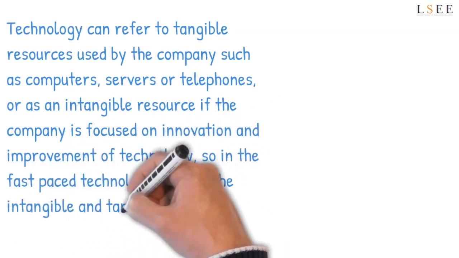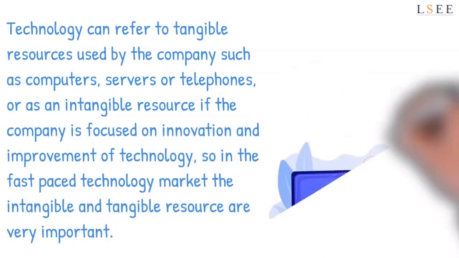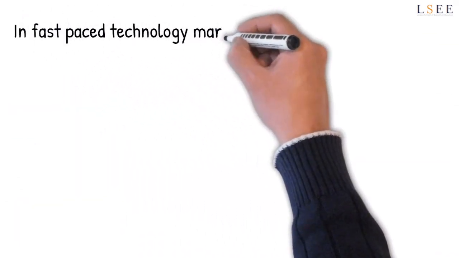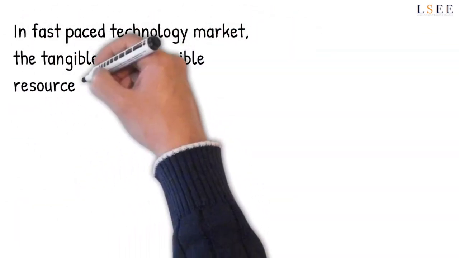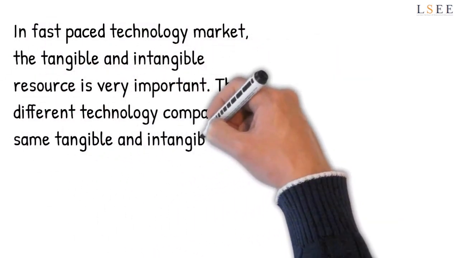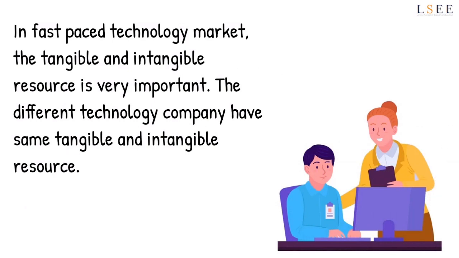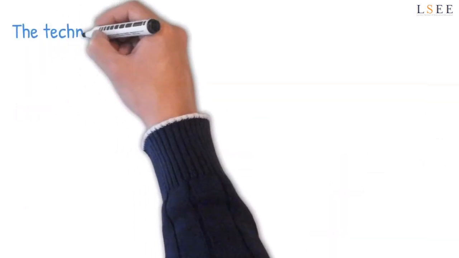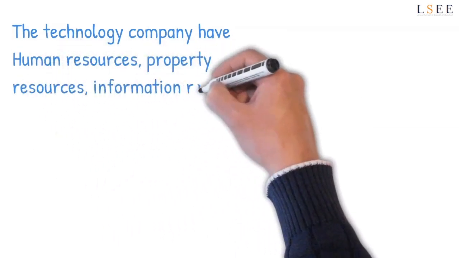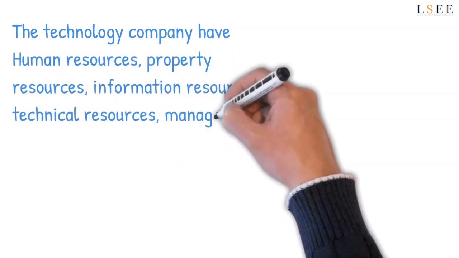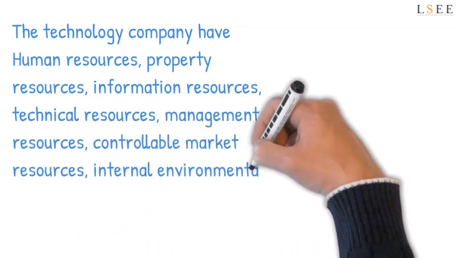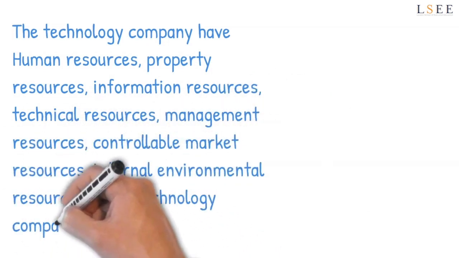In the fast-paced technology market, the tangible and intangible resources are very important. Different technology companies have the same tangible and intangible resources. The technology company has human resources, property resources, information resources, technical resources, management resources, controllable market resources, and internal environmental resources.